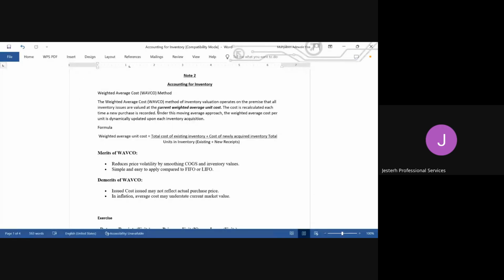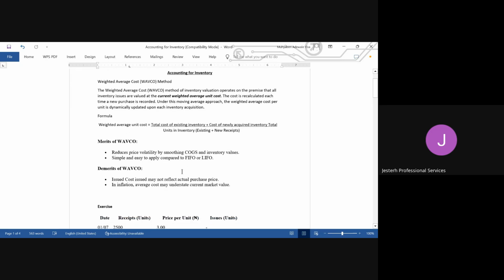And this inventory is issued out at the current weighted average cost, which means this current weighted average cost will be determined whenever we are receiving a new purchase, in order to recalculate the price per unit at which each of the inventories will be issued out.